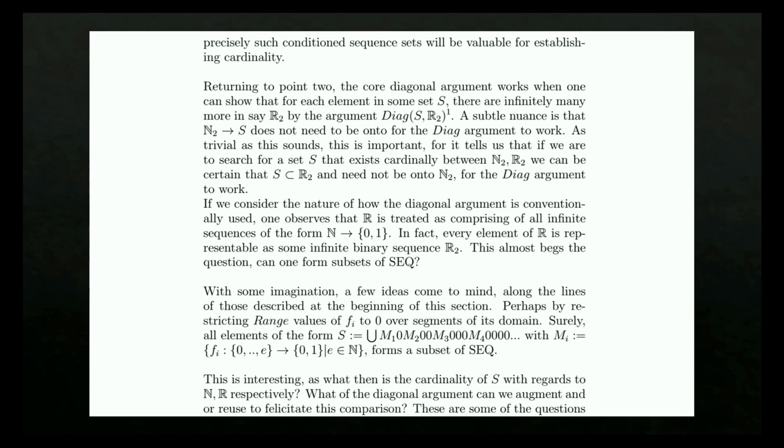And one is able to establish, based on these sequences, that such sequences are strictly cardinally higher than the naturals and cardinally lower than the reals. And this is the very idea that we are trying to perpetuate.